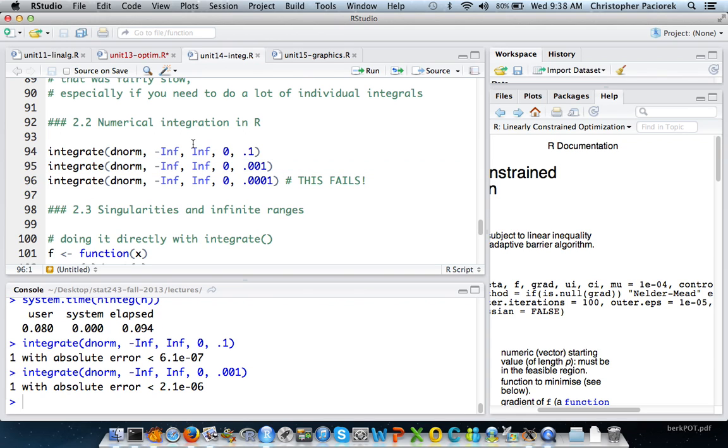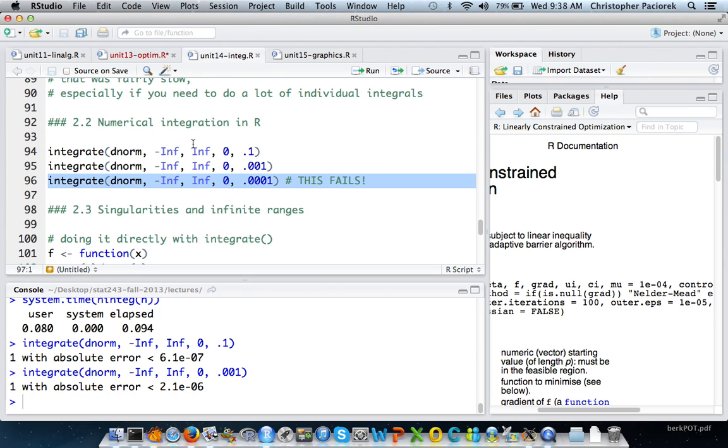And we can see that if we keep concentrating the normal distribution even more, it's still able to do this integral, and we have a pretty small standard deviation of 0.001. But at some point, it gets so small, and now we've got this function, which in this case happens to be a density, it's really acting basically like a spike at this point.